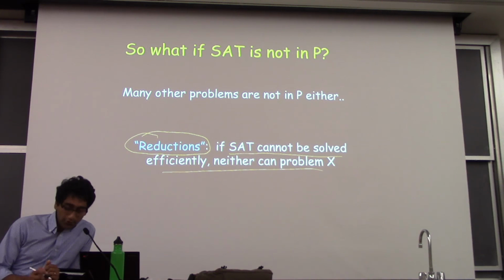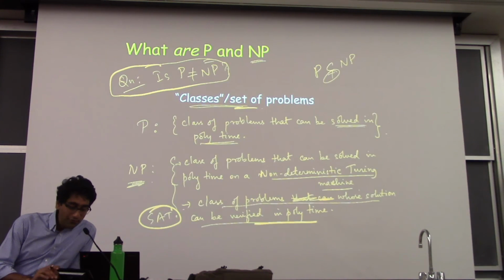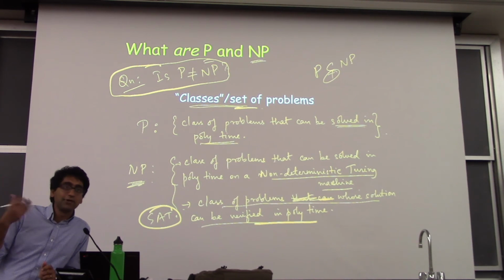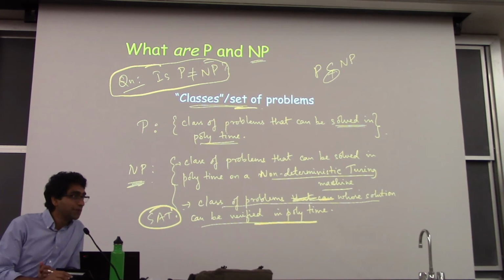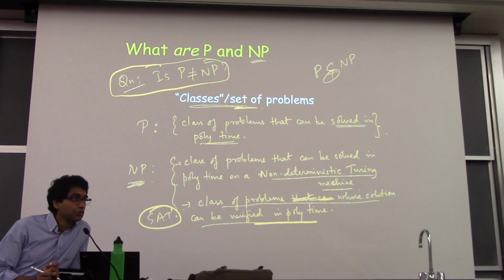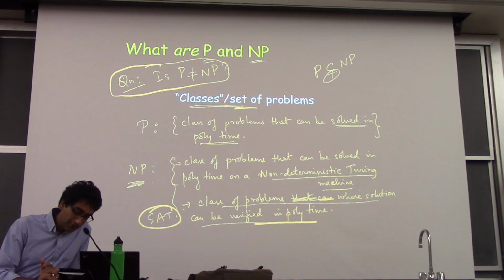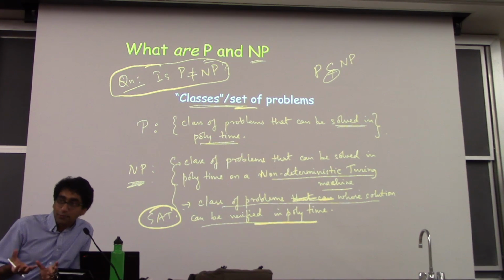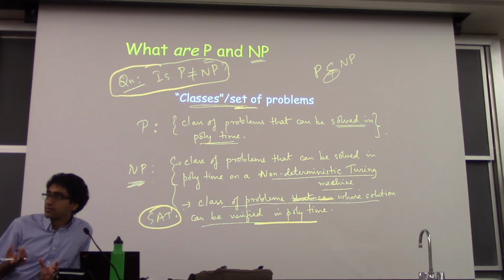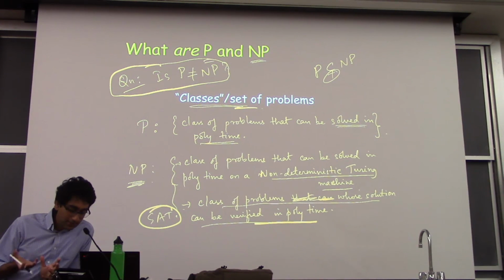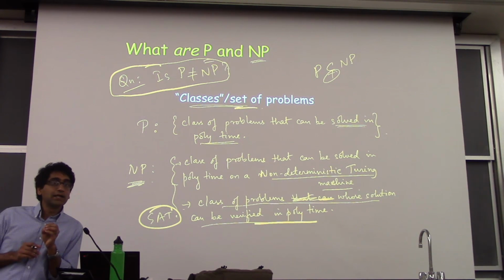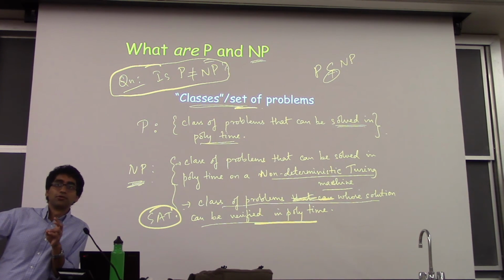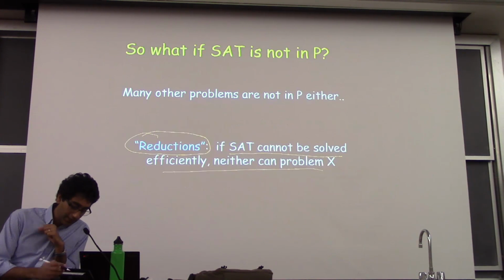Proving that a problem cannot be solved in polynomial time is something that we don't know how to do. That is the big P versus NP question. So the next best thing is to say, I have this problem and I'm not able to solve it, but if I could solve it, then I could also solve SAT. That's the notion of reductions.